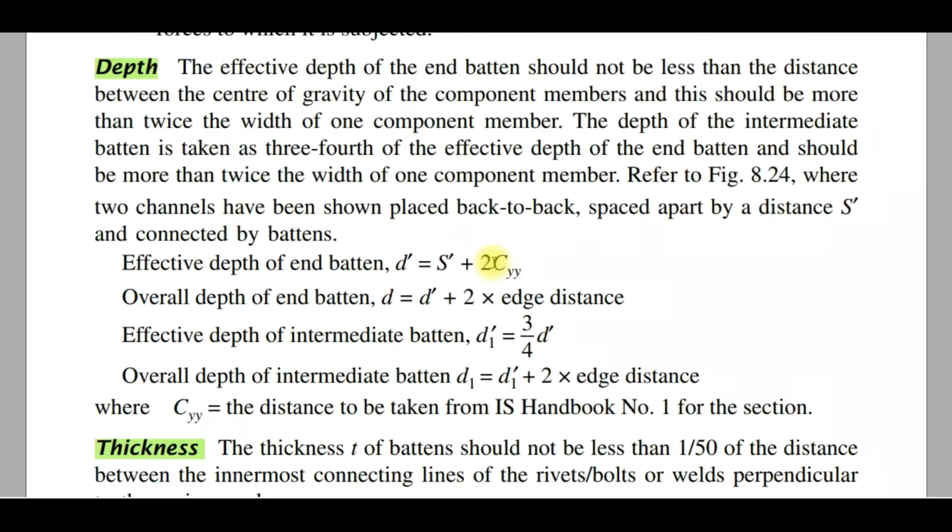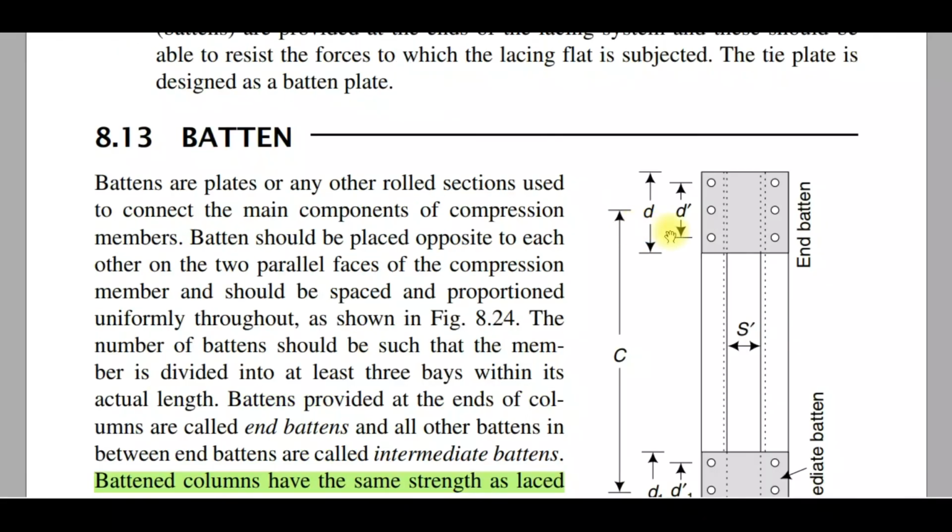Now see this figure, where it is S dash, and where this board is connected here, from this point to this point it is G. It is available in the steel table. So here also it is G. So the distance between this bolt to this bolt is S dash plus 2G.